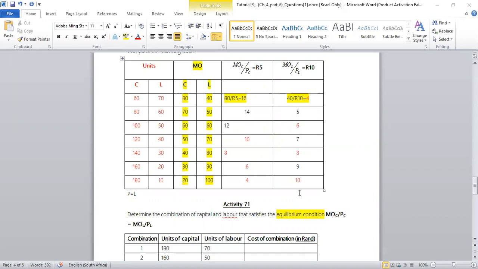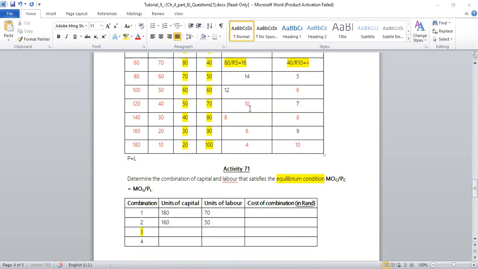So remember, guys, on this side is labor, on this side is capital. So our third combination is 10 and 10. Here, how many units of capital?